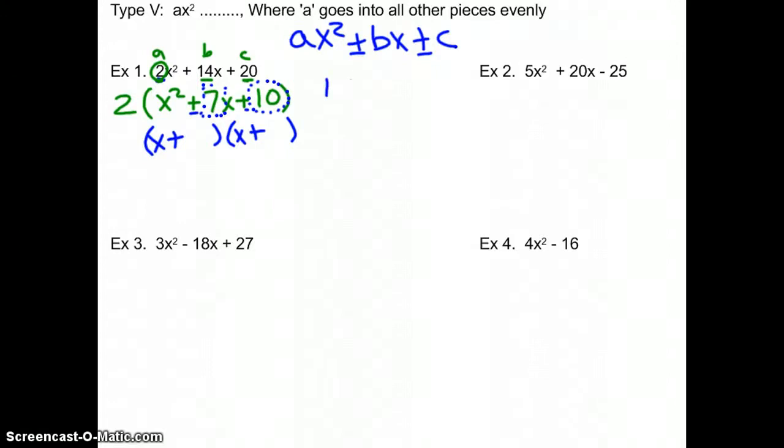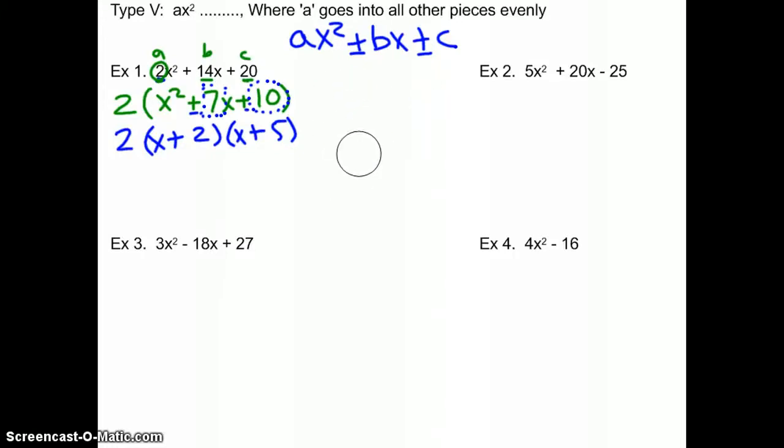So I look at my factors of 10, 1 and 10, 2 and 5, and it looks to me like 2 and 5 works. 2 and 5 has a product of 10, and if I add 2 and 5, it has a sum of 7. So it looks to me like those two numbers work, 2 and 5. And I can't forget my leftover 2.